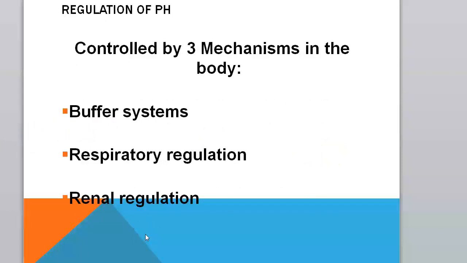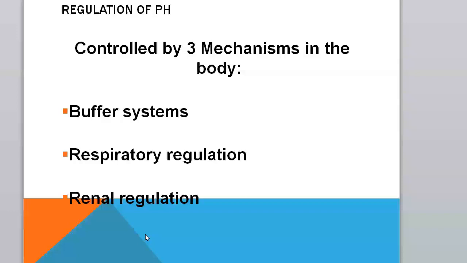Now, how the pH in our blood is controlled is by three mechanisms in the body. The first one is the buffer system. Buffers are substances that prevent major changes in the pH. If there's excess acid present in body fluids, the buffers will bind with hydrogen ions to minimize the changes in the pH.